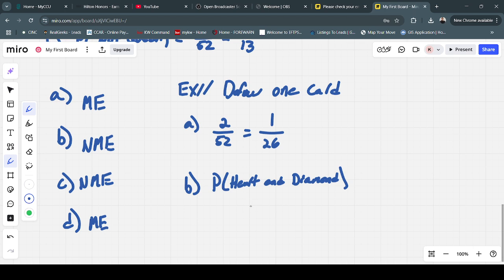Like part A for the previous one, we compared being a diamond and a spade, and we said that can't happen at the same time. Well, guess what? It can't be heart and diamond at the same time, so this is going to be impossible, so that's 0. So sometimes mutually exclusive can work in this way, where you're looking at an AND example, where you're looking at them together, and if they are mutually exclusive, the answer is always 0, because they can't happen at the same time.